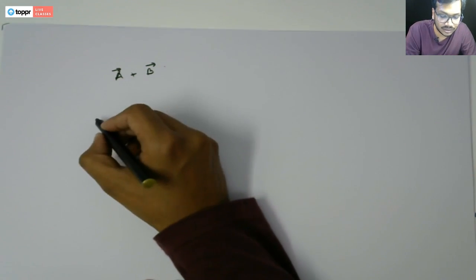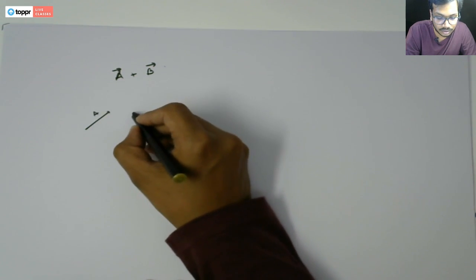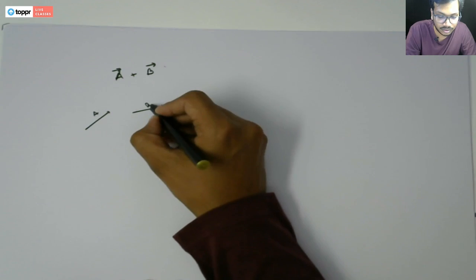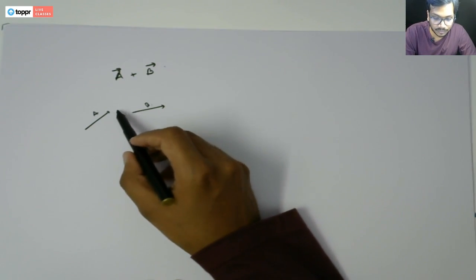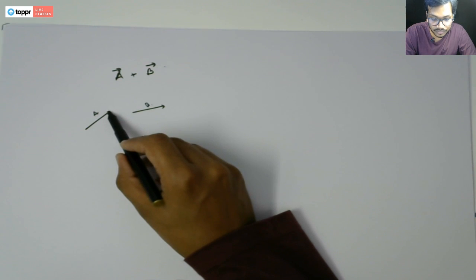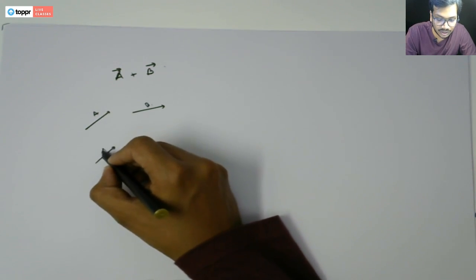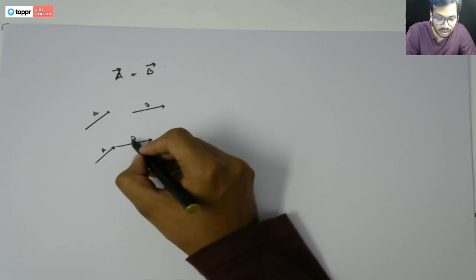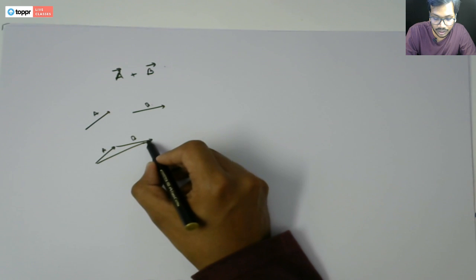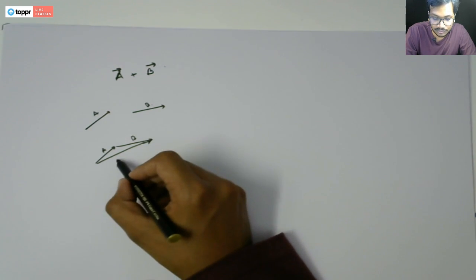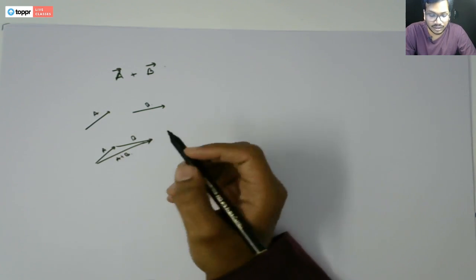Graphically, let's say this is the A vector and this is the B vector. First you need to arrange them. The head of this vector should be at the tail of this vector. This is A and this is B. Now if I join the tail of the first vector to the head of the last vector, this would give me the A plus B vector. This is how you add vectors graphically.